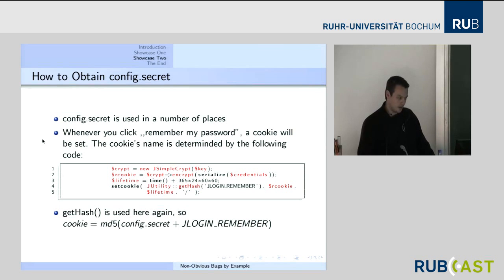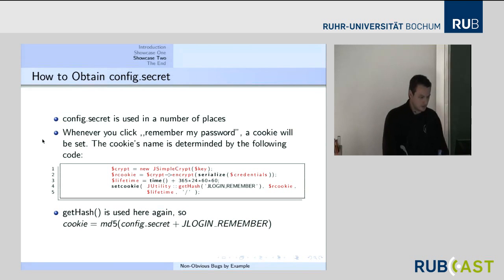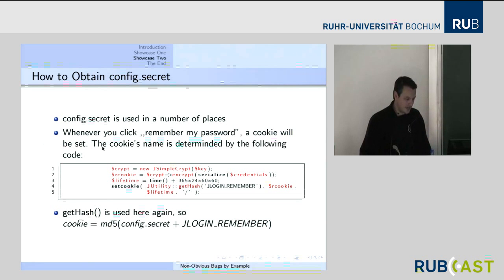For instance, when you click the Remember My Password button, because people who tend to forget their passwords like the browser to remember the password in a cookie or somewhere, and to actually set the authentication cookie, they use the, where do we have it? Oh yeah, they use the getHash function, which then again made use of the config.secret value.